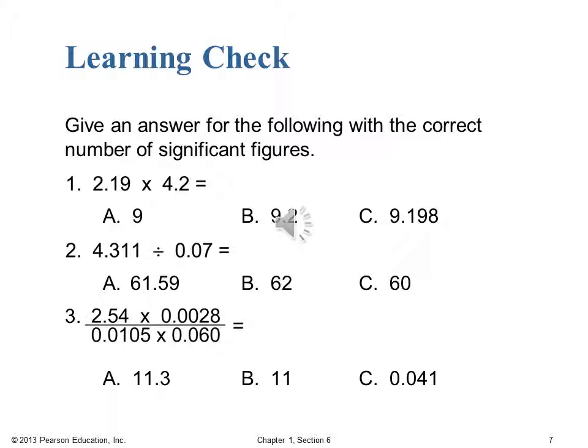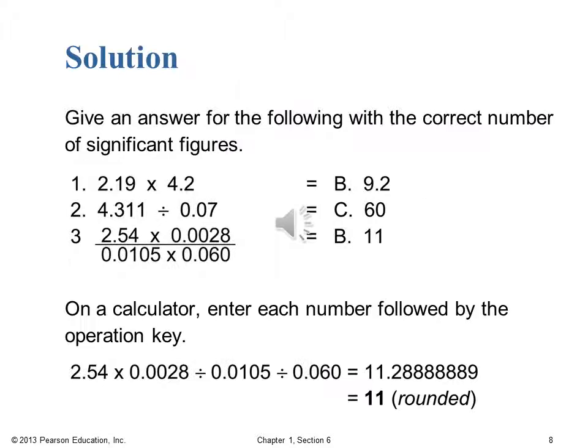And then finally, in our third example, 2.54 times 0.0028 divided by 0.0105 times 0.060. So go ahead and for each of those, you really don't even need the calculator, because you're just looking for the result that has the correct number of significant figures. If you need to pause the video, please do so now. Otherwise, we'll take a look at the correct result for each of those examples.